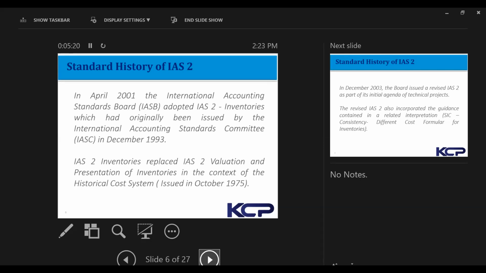So upon the transition from IAS to IFRS, the standard setting body's name also changed from IASC to IASB. So there was an initial position of the standard as at 1993 that was changed in 2001, but that doesn't mean that was the effective date.